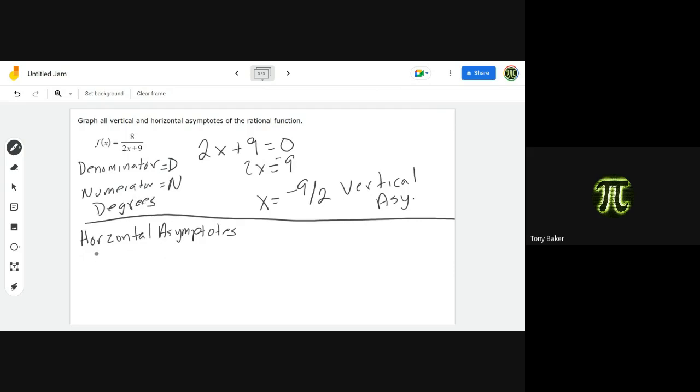Okay, so if D is greater than N, my horizontal asymptote is y equals 0. If N is greater than D, we have no horizontal asymptote. If N equals D, my horizontal asymptote is the leading coefficient of N over the leading coefficient of D.